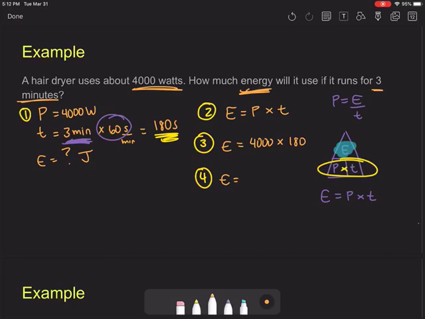That should give me 720,000, and my units are joules. So for my energy, I get 720,000 joules is how much my hairdryer will use in terms of energy if I run it for 3 minutes.